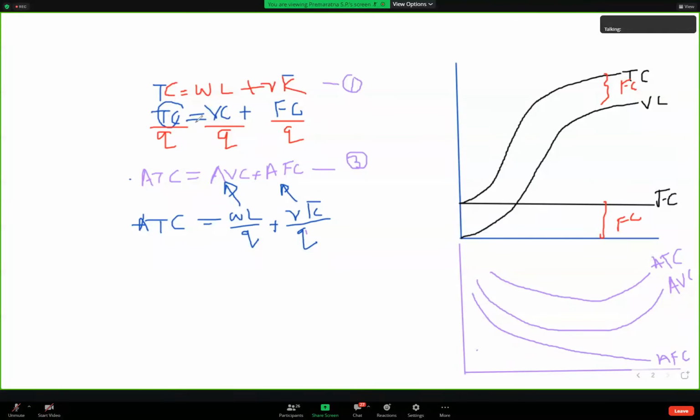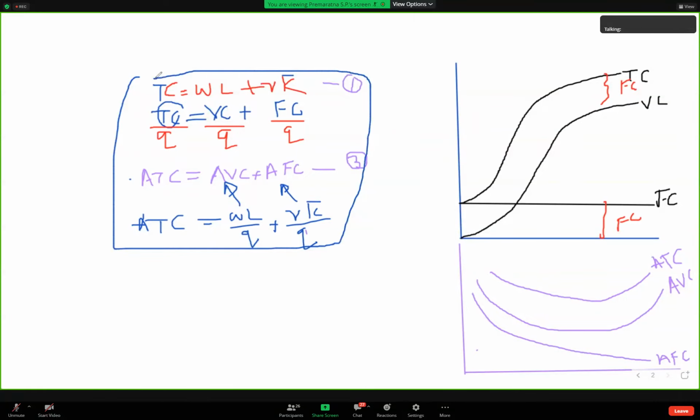So now another important concept we also discussed, the marginal cost. To get marginal cost, that is the slope of either the total cost curve or total variable cost.